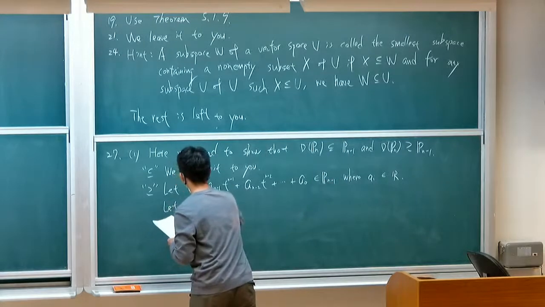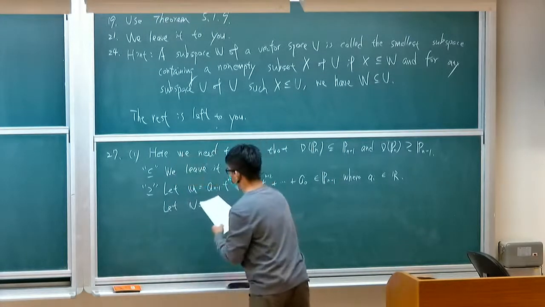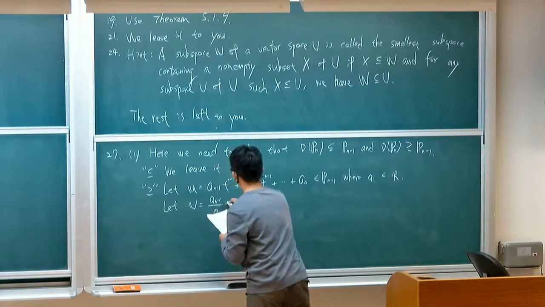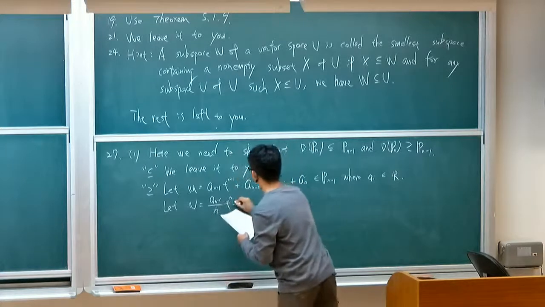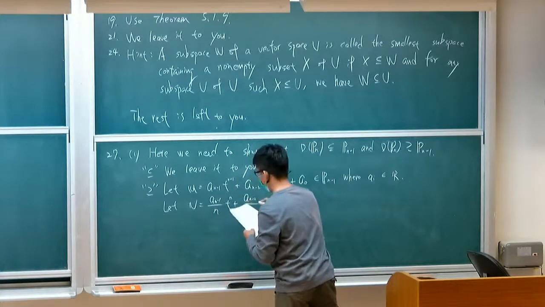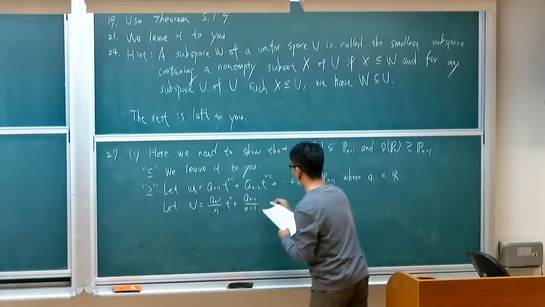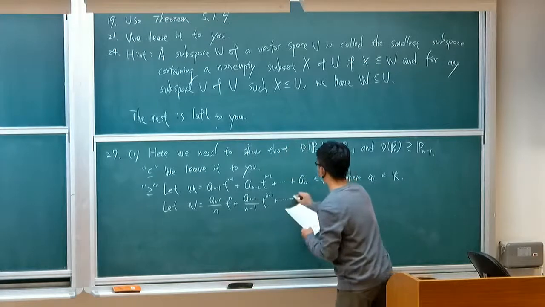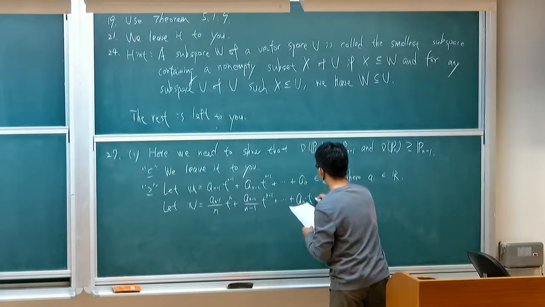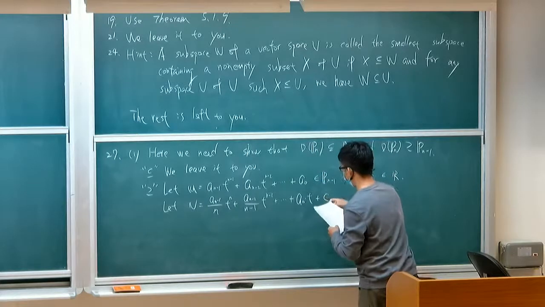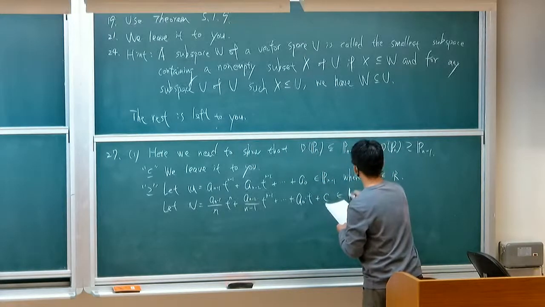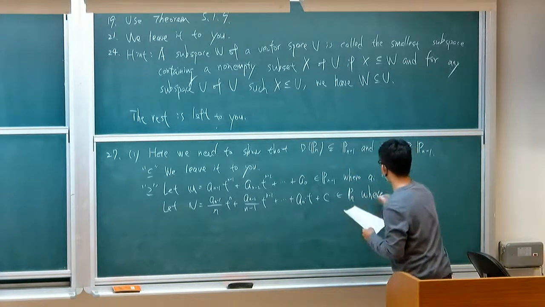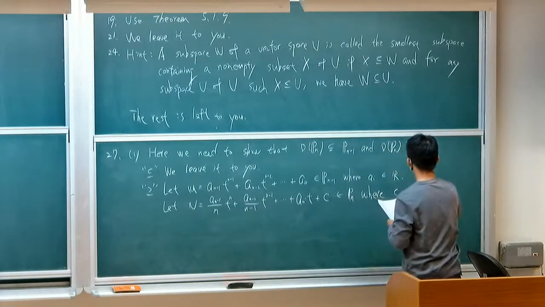So we let v be an minus 1 over n times t to the power of n plus an minus 2 over n minus 1 times t to the power of n minus 1, and all the way to a0 times t plus a constant c, and v is an element of Pn, where c is a real number.